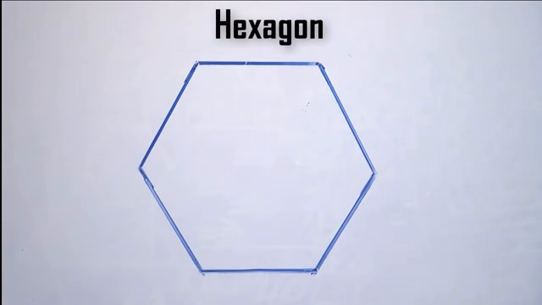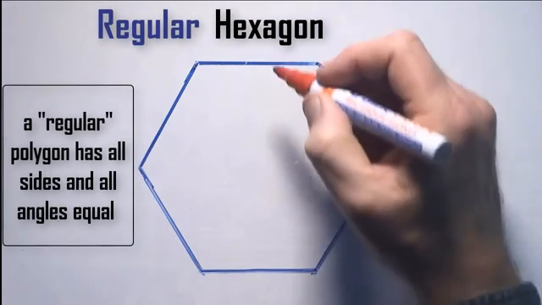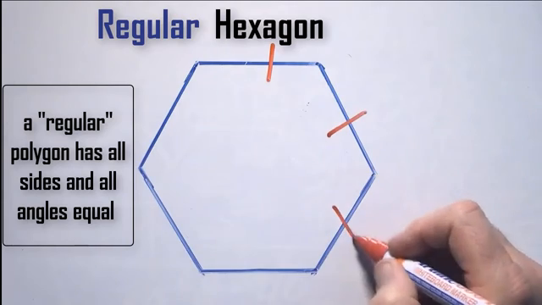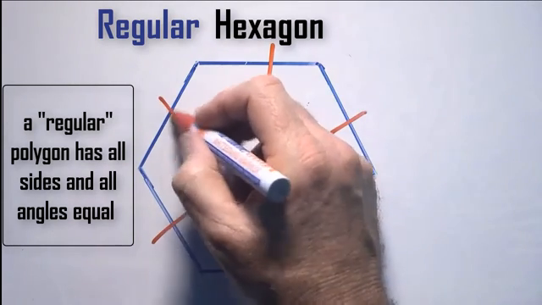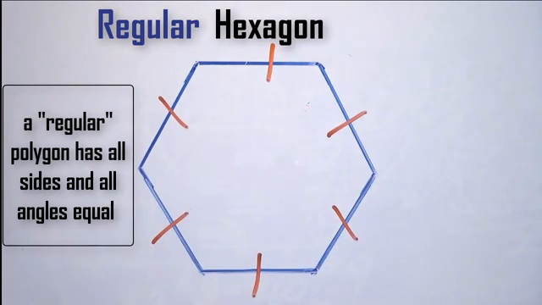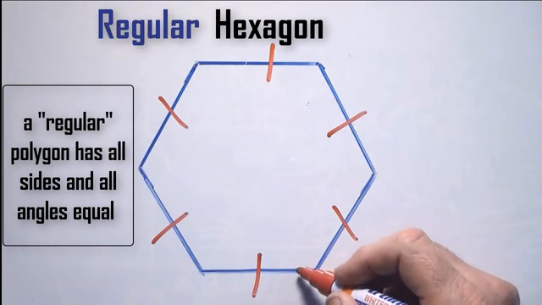If this were a regular hexagon, it would have all sides and all angles equal.